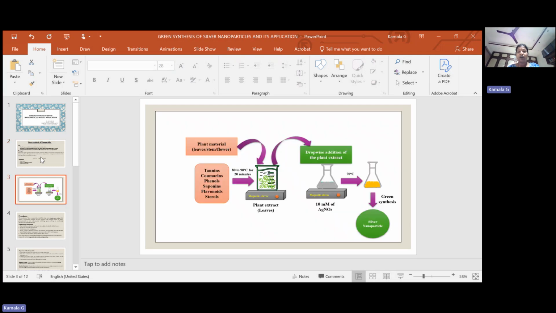The material required is plant material. Then we extract the phytochemical constituents present in it, and use that as a reducing agent to create nanoparticles using silver nitrate.